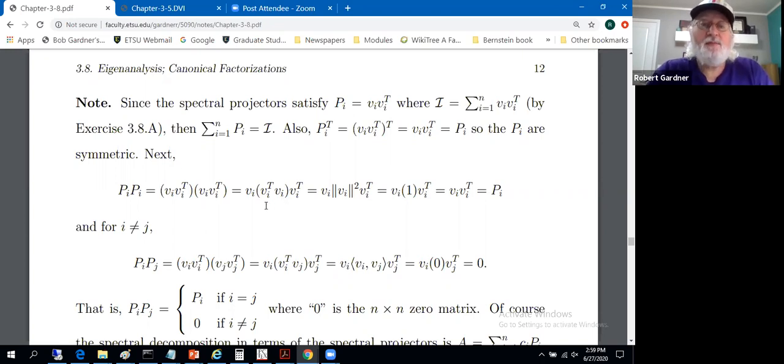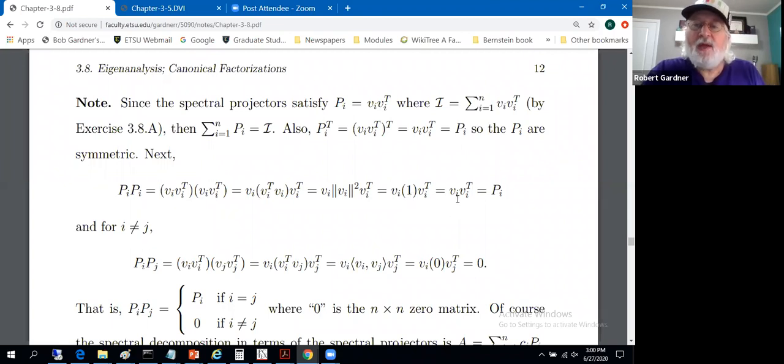It's been a while, not that long, since we've seen inner products written in this form. So indeed, that's an inner product of v sub i with itself. The eigenvectors are orthonormal, so we get the norm squared of that v sub i, but that's 1 because we've taken unit vectors.